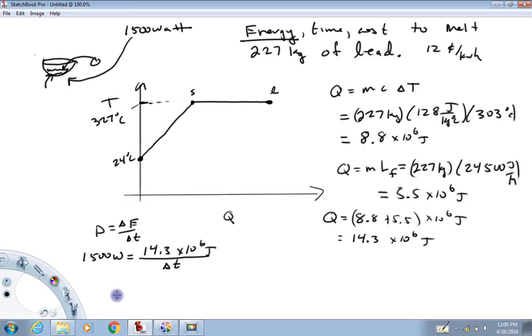And all we have to do now to get the time is calculate the delta T here. So the delta T is going to be 14.3 times 10 to the 6 over 1500. And I'm going to wait for one of my assistants here to give me a value. I just need 14.3 times 10 to the 6 over 1500.